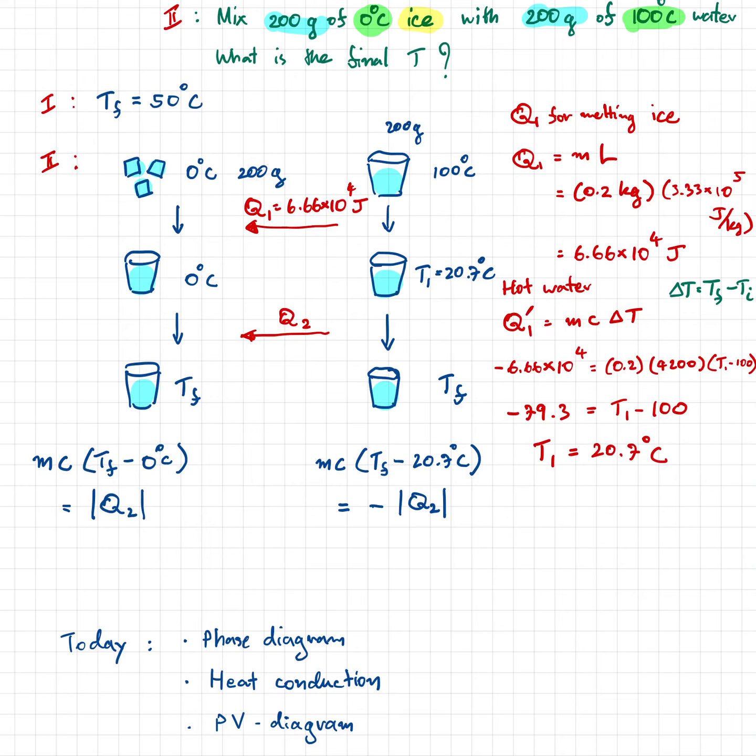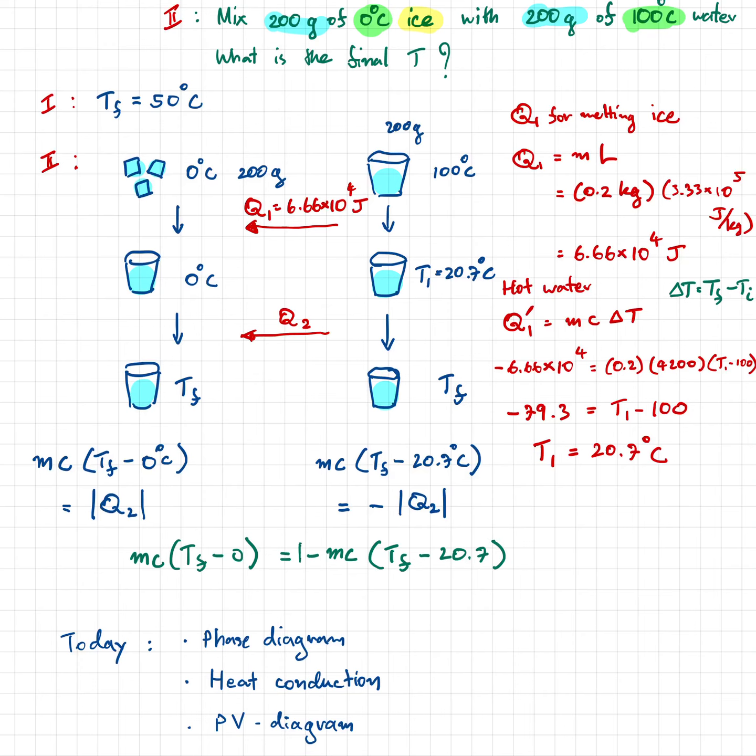So what I'm gonna get in the end is MC (TF minus 0) on the left hand side, that's Q2, equal to also Q2 here, right? Absolute value of Q2. So it has to be minus MC (TF minus 20.7 degrees).